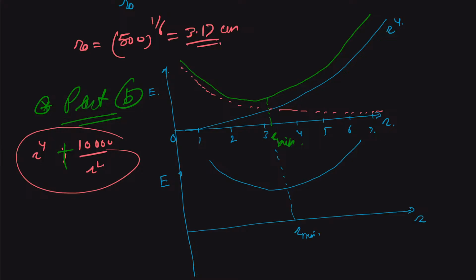We already know our R0 and twice R0, so our R0 is 3.17. Okay, so it will be somewhere here, so this will be R0, and twice R0 will be close to 6 point something, so it is going to go somewhere here, so this will be our twice R0.